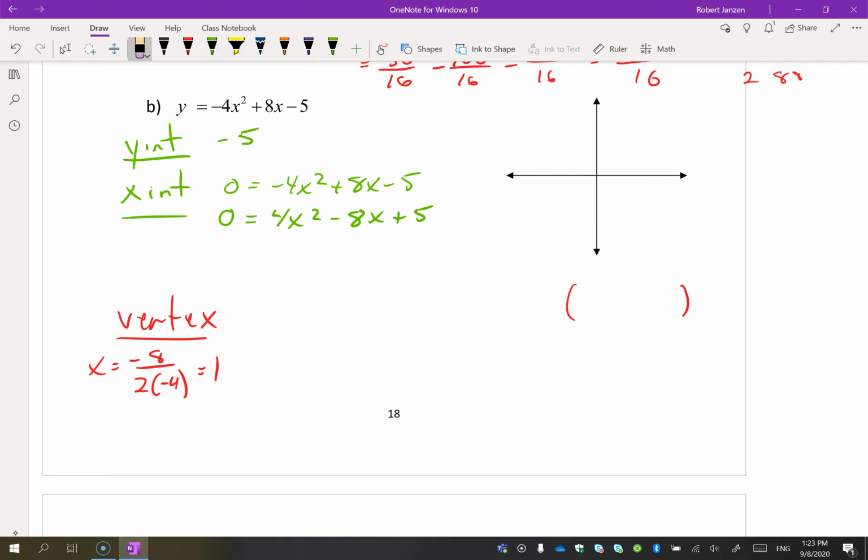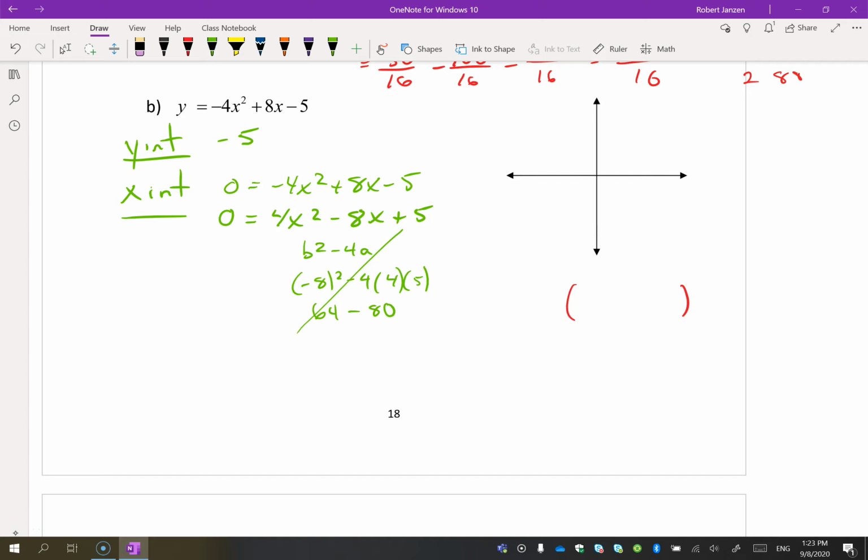Let's try b squared minus 4ac to see if that tells me anything. So this is 64, take away 80. Well, that's obviously a problem. Okay, that can't be factored. So if it can't be factored, what do we do then for the x-intercepts?